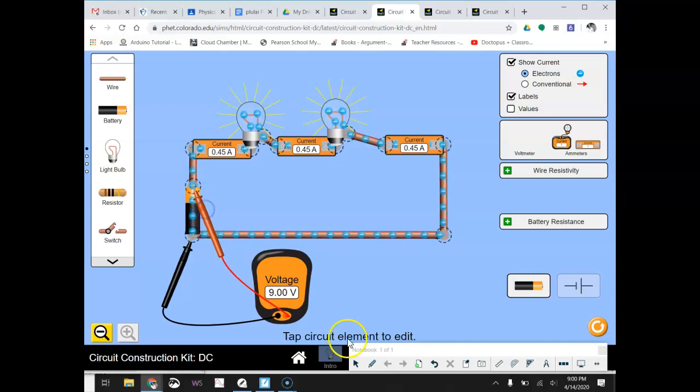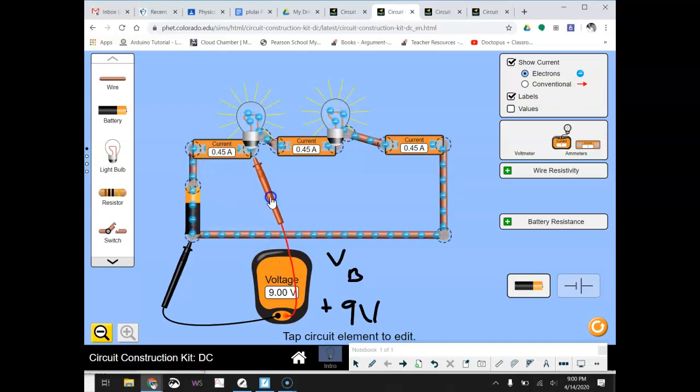So if we go through and we look at the things that we've got, here the voltage of the battery is plus 9 volts. Then if I go up and I move this probe to another spot, it's still 9 there, it's still 9 there.